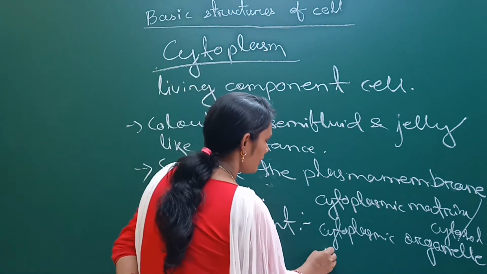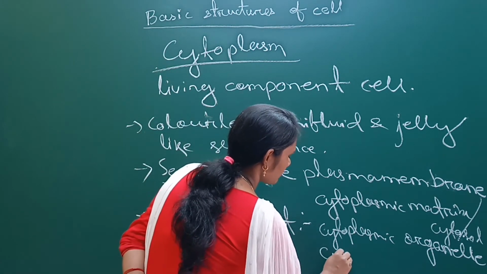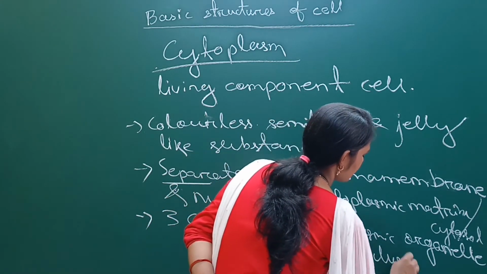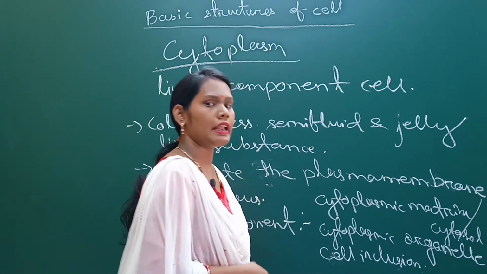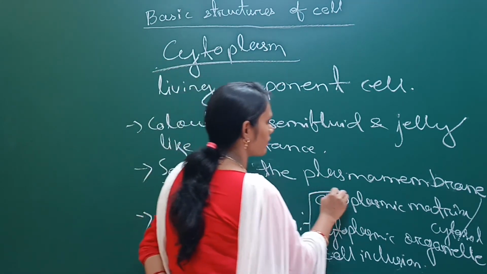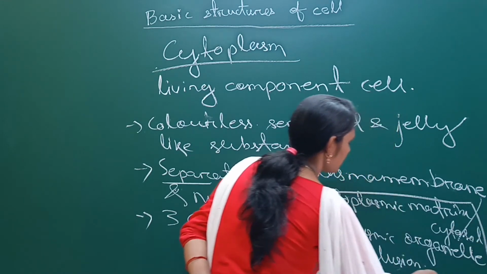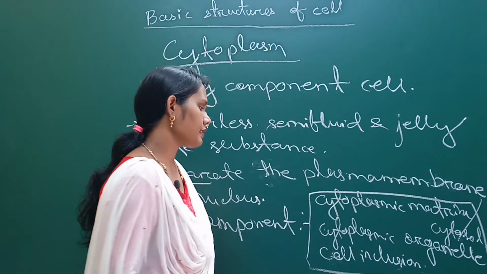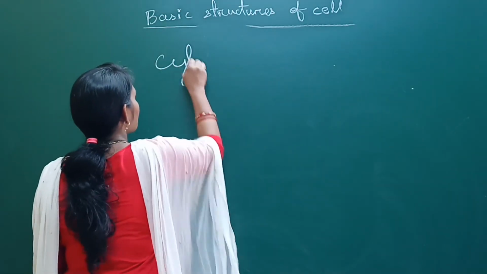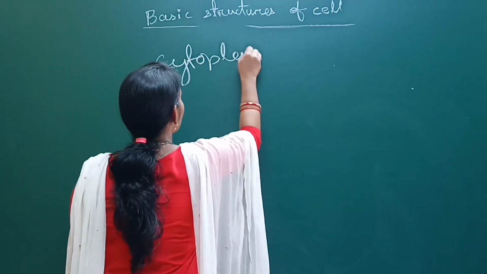And the third one is the cell inclusions. So let's discuss what is cytoplasmic matrix, what are the cellular organelles and what is cellular inclusion. Let's come to cytoplasmic matrix.